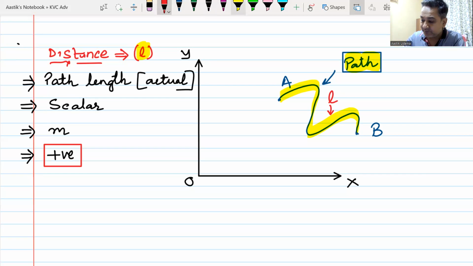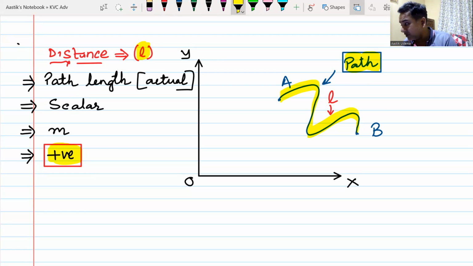Do we understand this? Why is it always positive? I just told you.